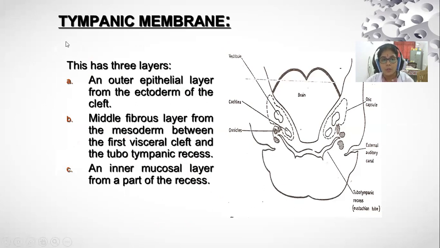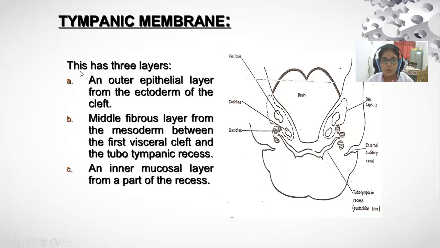So how is your tympanic membrane developed? This is the only structure in the ear which is developed from all the three germ layers, that is, from ectoderm, mesoderm, as well as from the endoderm.